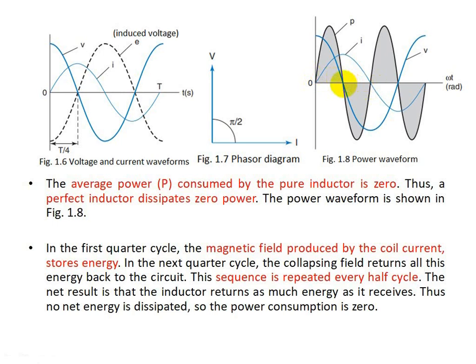So an inductor will not consume power, therefore the average power consumed by the inductor is always 0. It only stores energy and supplies it back to the source in the next quarter of the cycle, and this cycle gets repeated.